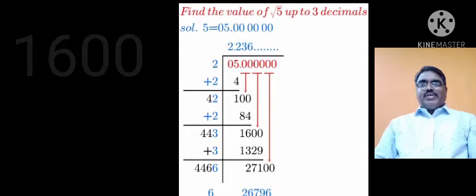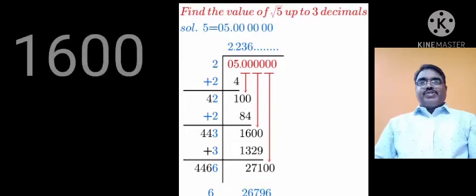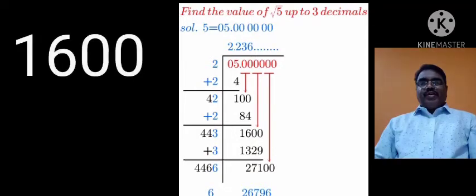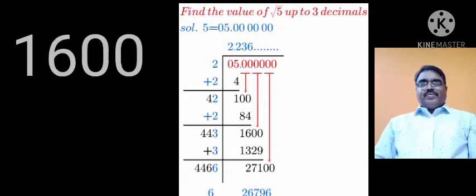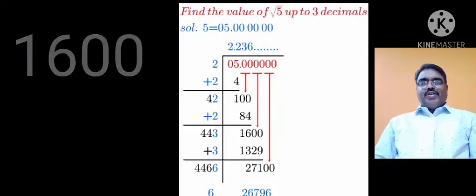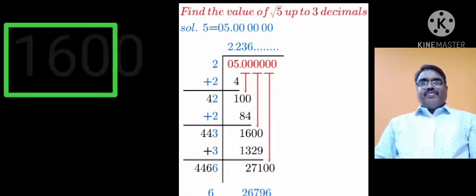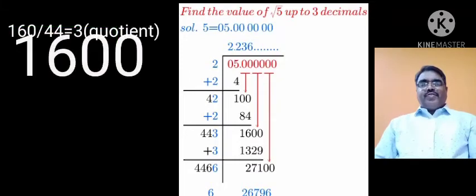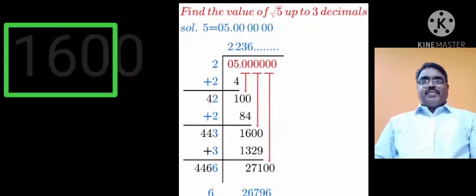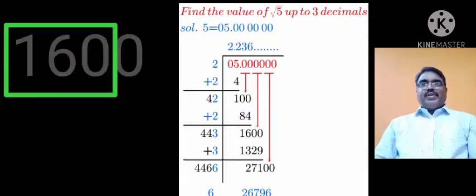Here in the divisor, add 42 plus 2, you get 44. Then insert the units place. For knowing that, divide 160 by 44. It is nearly 3 point something. Hence we take here 3.